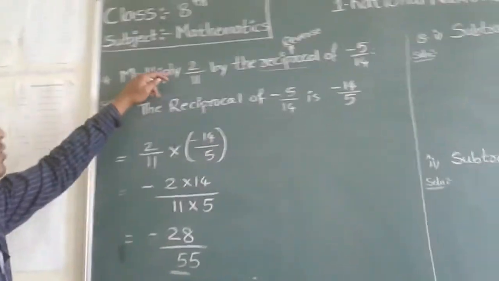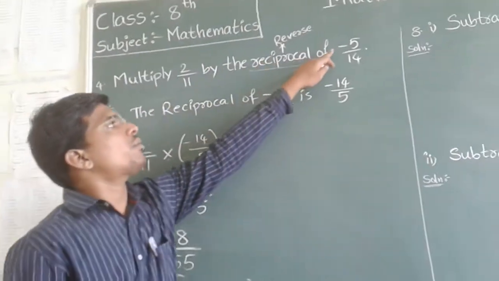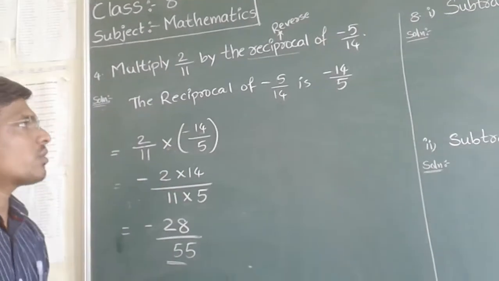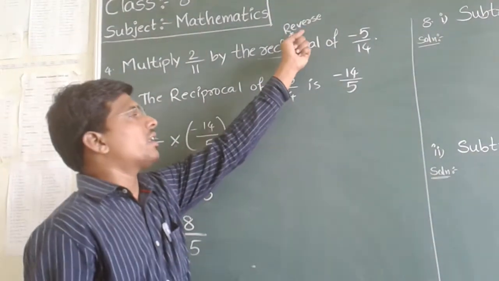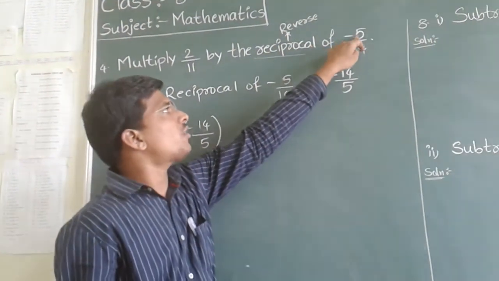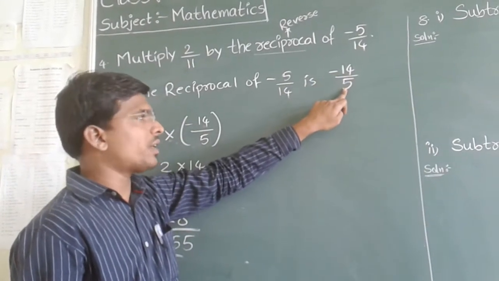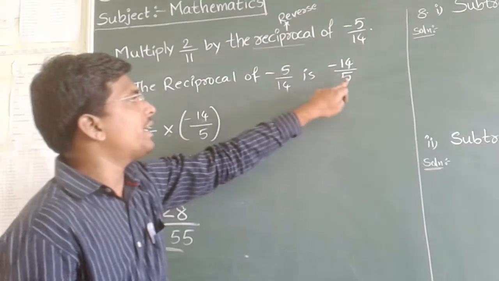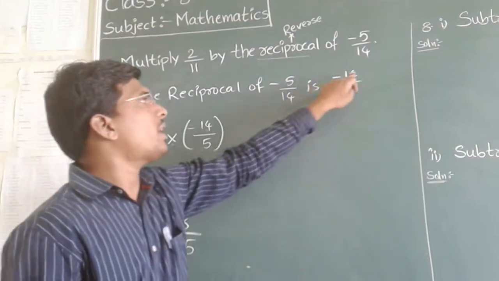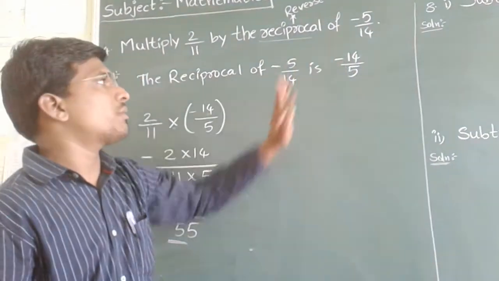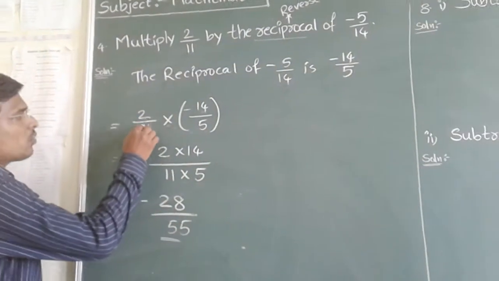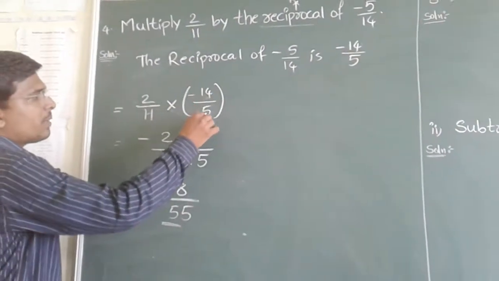So multiply 2 by 11 by the reciprocal of minus 5 by 14 is the question. Reciprocal means reverse. Reverse of minus 5 by 14 is nothing but minus 14 by 5. Here the numerator will become the denominator and the denominator will become the numerator. We are multiplying 2 by 11 into minus 14 by 5.